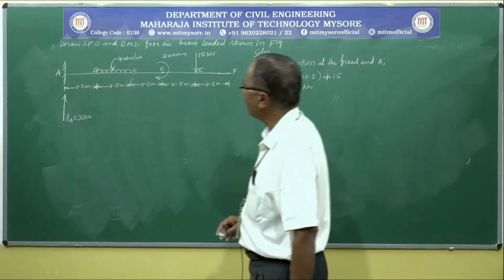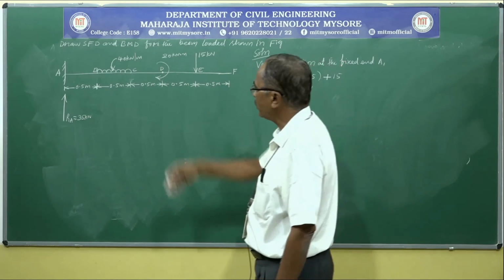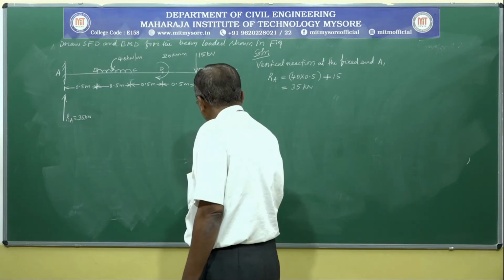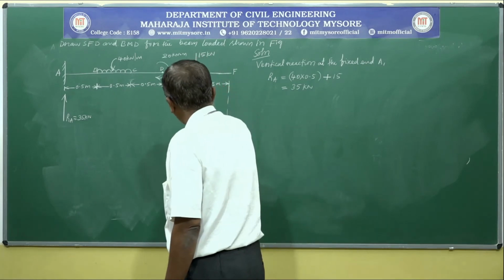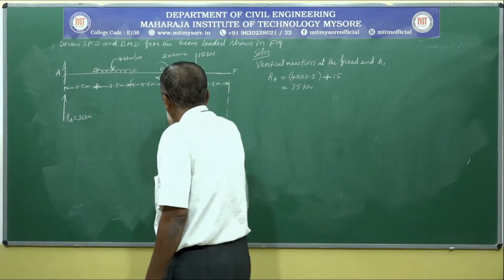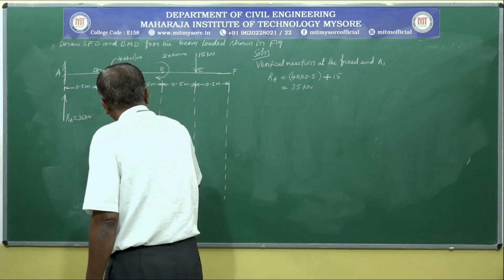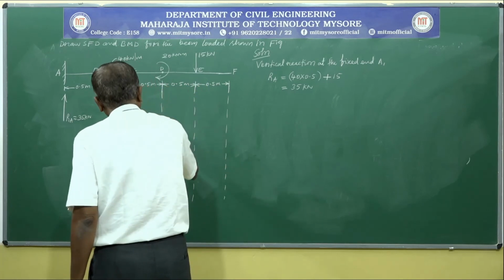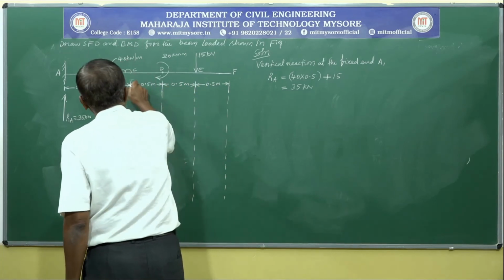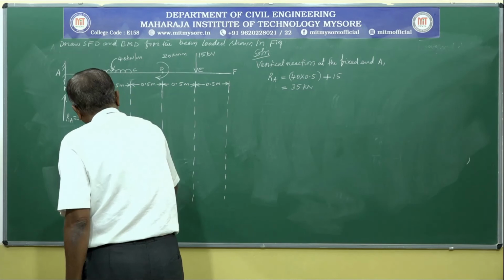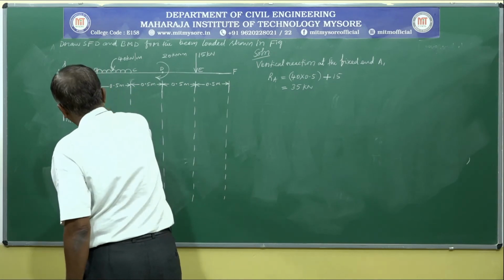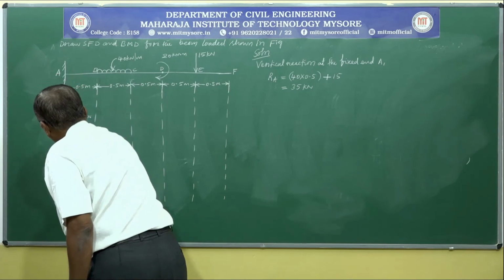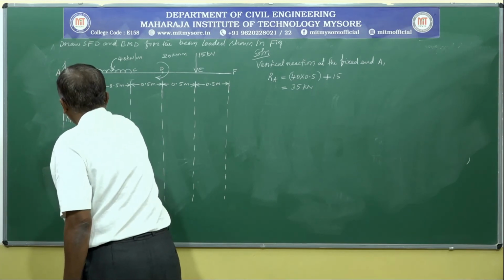After calculating the reaction at the fixed support, we can draw the shear force diagram. For that, produce the salient points in the downward direction. Draw reference line.